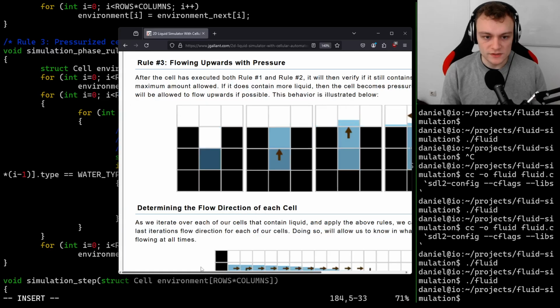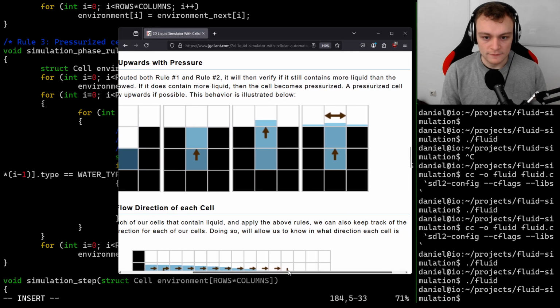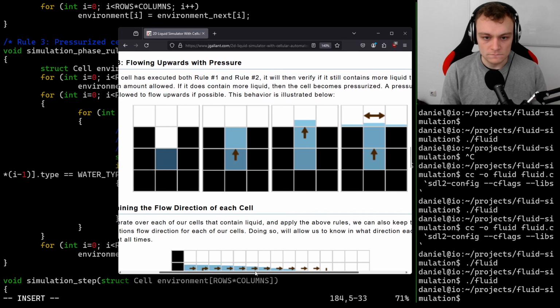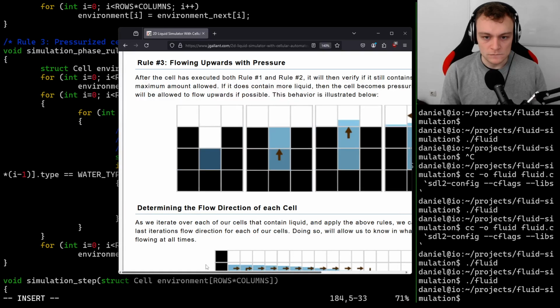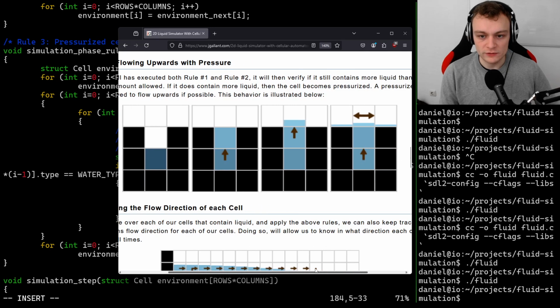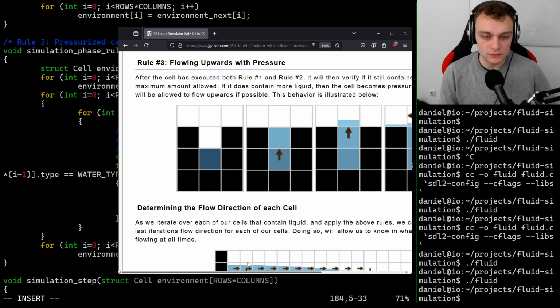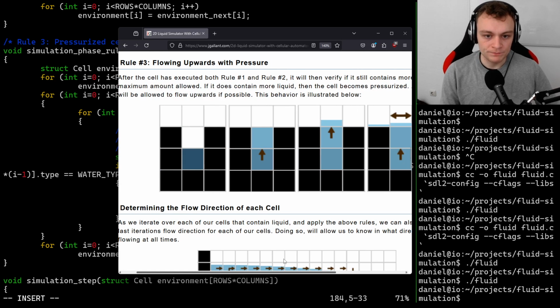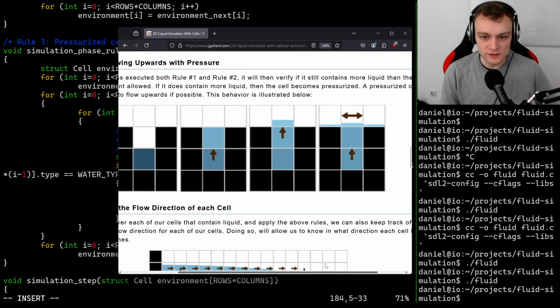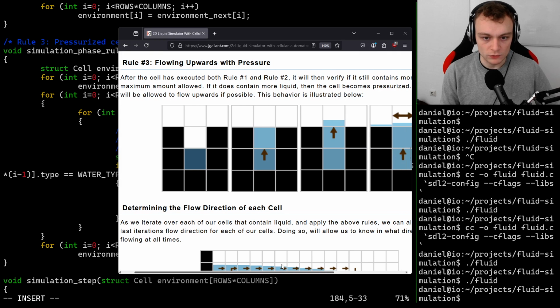A pressurized cell will be allowed to flow upwards if possible. After the cell has executed both rule number 1 and rule number 2, it will then verify if it still contains more liquid than the maximum amount allowed. If it does contain more liquid, then the cell becomes pressurized. A pressurized cell will be allowed to flow upwards if possible.